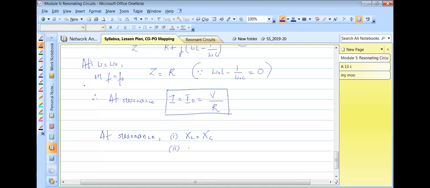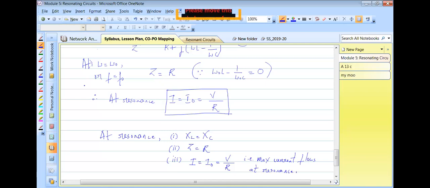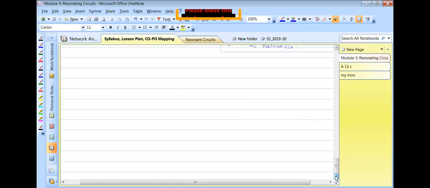Second thing that we have come to know is that Z is R, and the third thing that we have just understood is I would be I naught, that would be equal to V by R. That is, maximum current flows at resonance. So these three are the things that we have understood till now. Everybody should remember this.